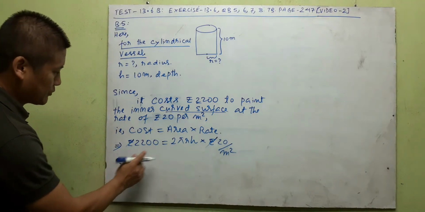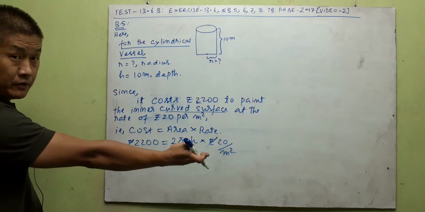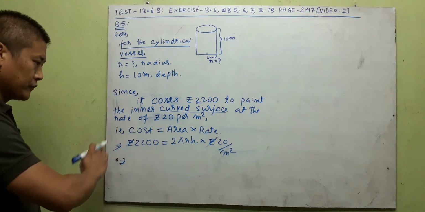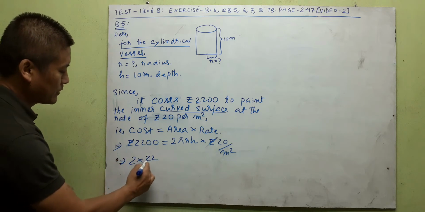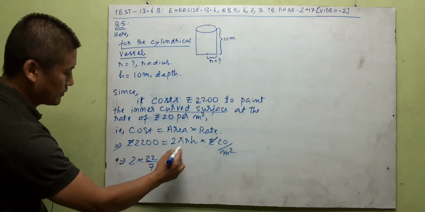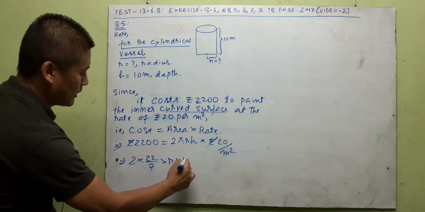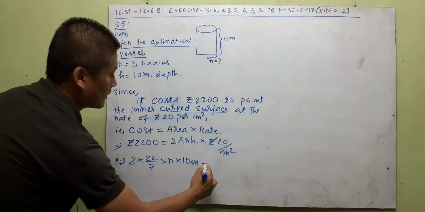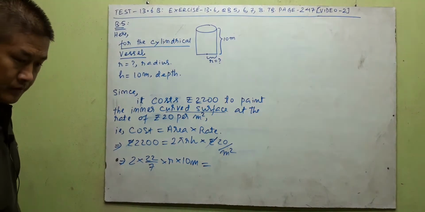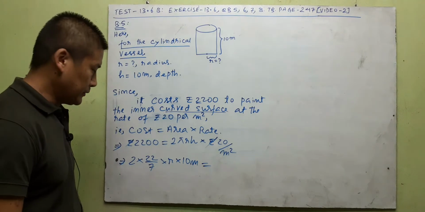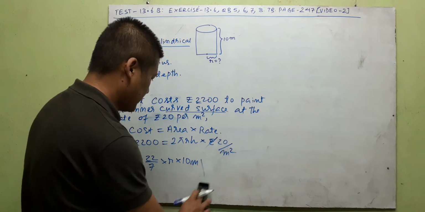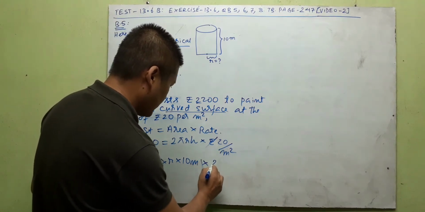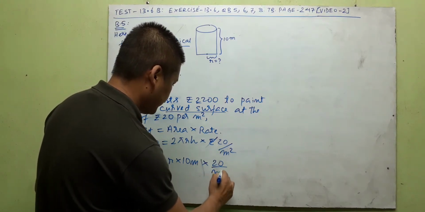Now let us shift this one this side. It's okay if we keep that side also, but normally we do from left side to right side. So let us just do that the way you are more comfortable with. 2 into 22 by 7 into R is unknown, H is 10 meters, will be equal to, sorry, one more is there, into 20 per meter square.